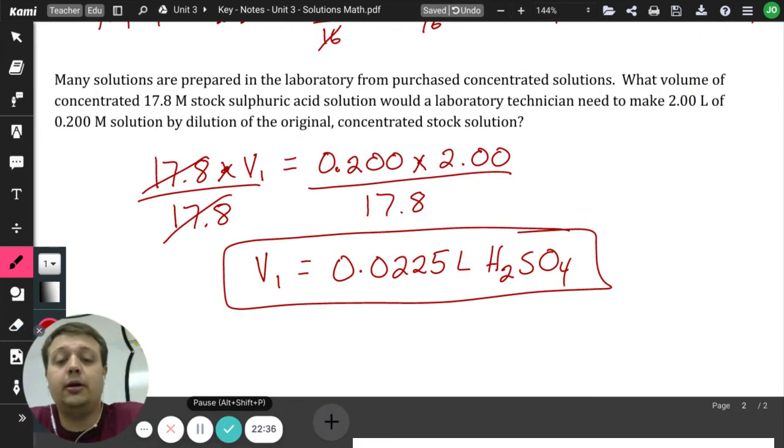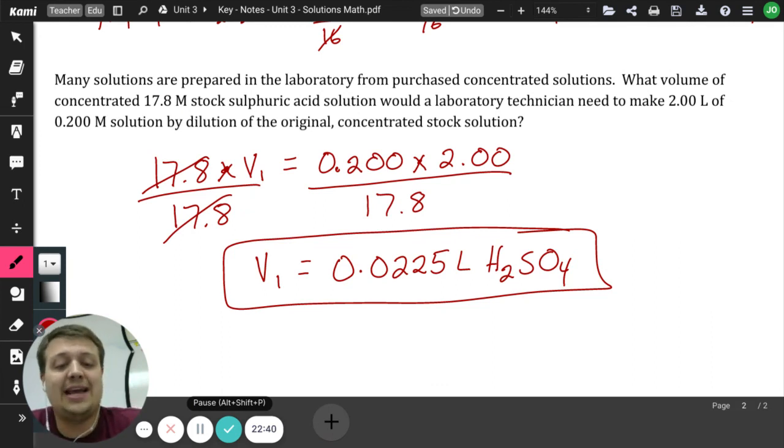All right, so here is our work for this. So we did have 17.8 molar stock sulfuric acid solution. Now here's a hint. Stock solution means it is your beginning solution. You always start with that stock solution, okay? So I have 17.8 molar stock solution, and I'm trying to make 2 liters of a 0.2 molar solution by diluting the original concentrated stock solution.